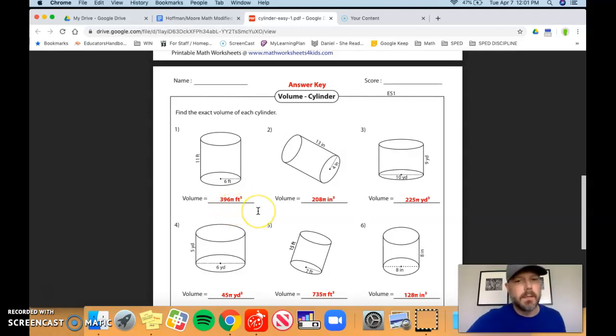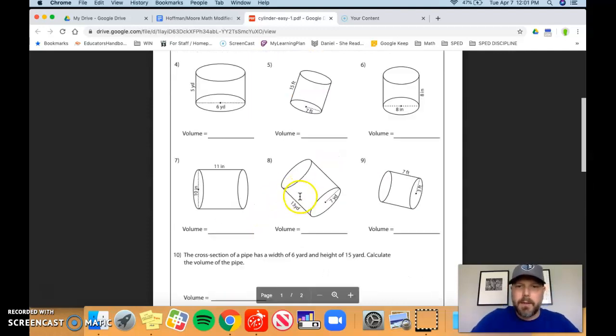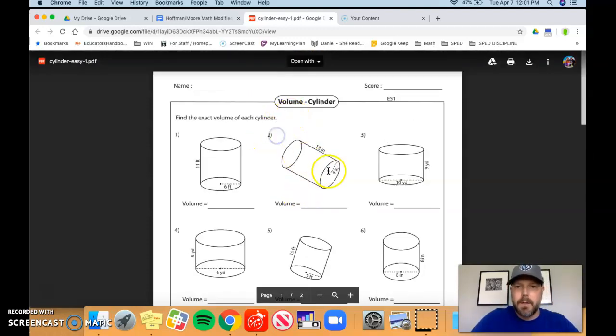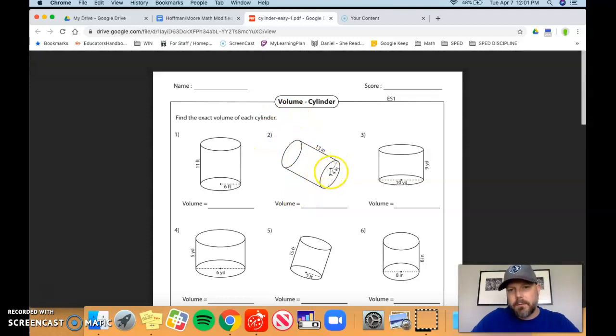All right, let's do another one. Let's just jump to number 2. So number 2, this cylinder looks like it's kind of laying down, okay? I have a radius of 4 and a depth or height of 13, okay?